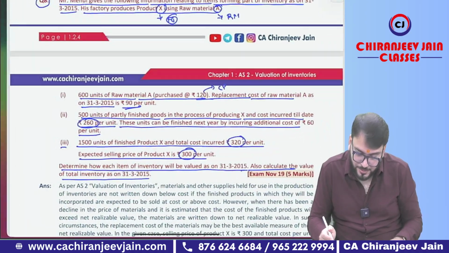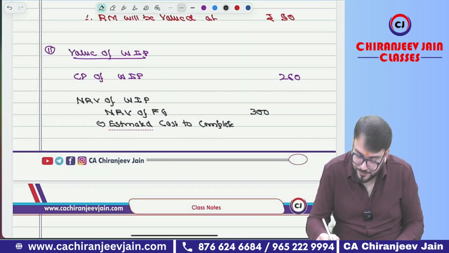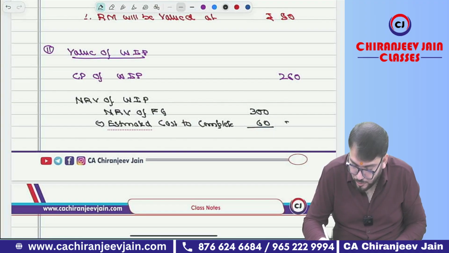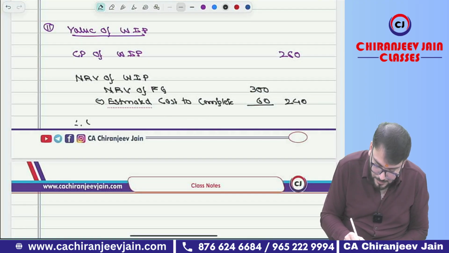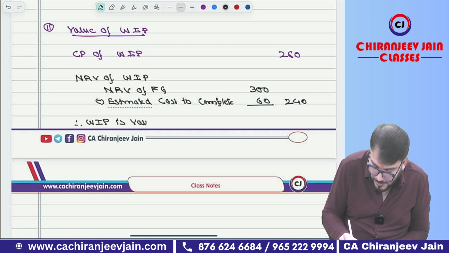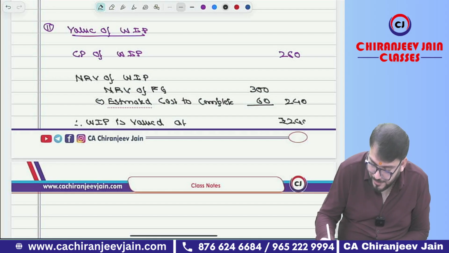It is given as 60 rupees. We take 60, so this will be 240. And therefore WIP is valued at rupees 240.